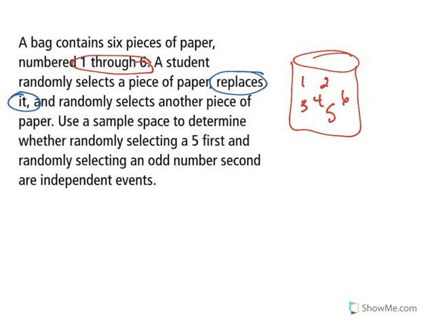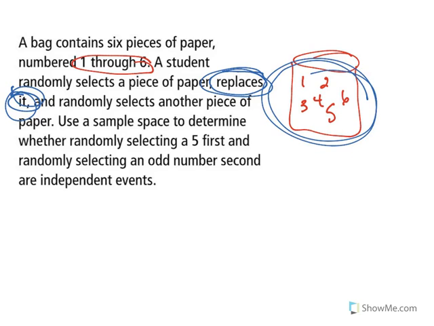Say I have Sammy take a piece of paper out of the bag, and he looks at it and says, I'm not telling you what it is, and then he puts it back. If he replaces it, then there's the same number of pieces of paper in there as when Sammy picked the first time.